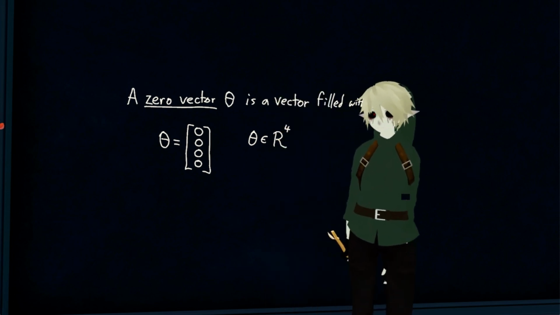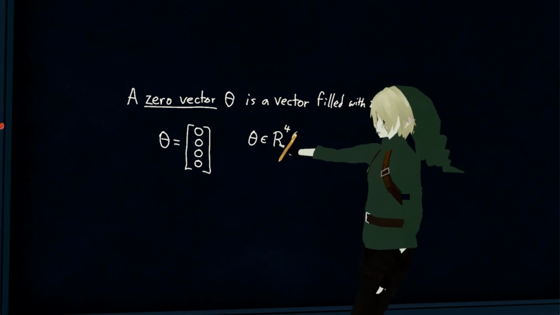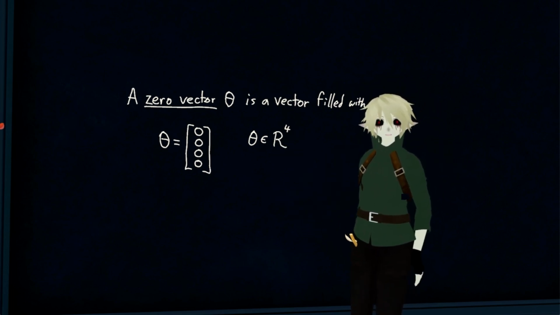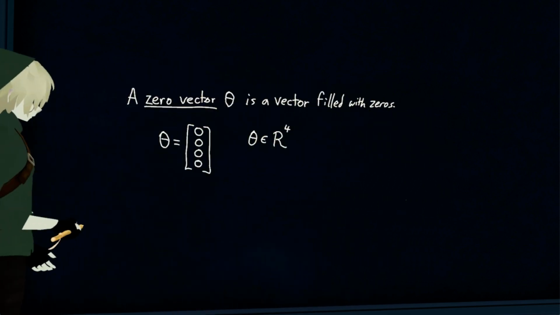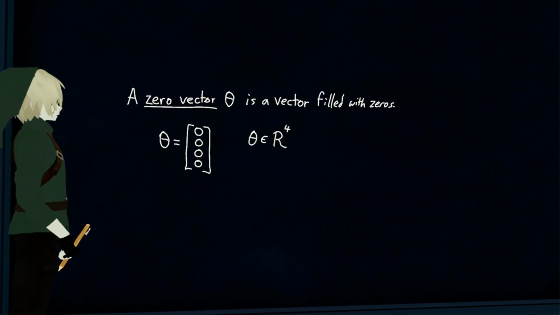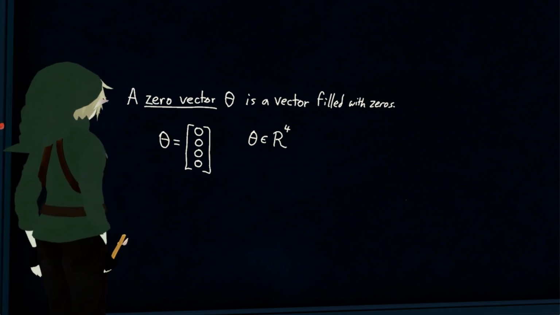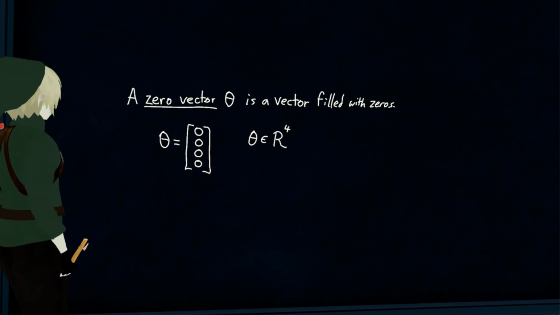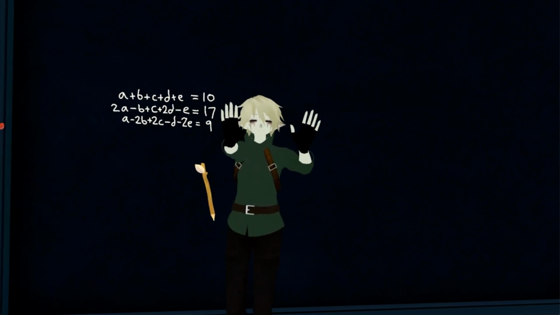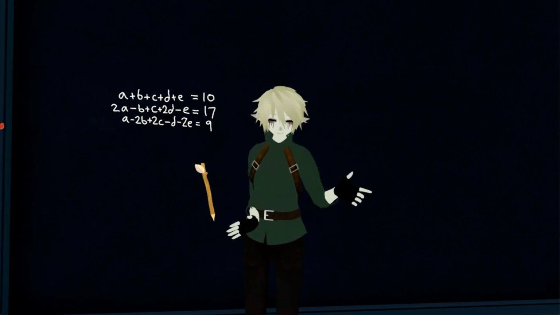Okay? That's how you would specify this. It is a 0 vector in R4. That's pretty much it. It's pretty simple. You just have to get used to the notation. That's all. Okay. So now we're gonna get into matrix equations.